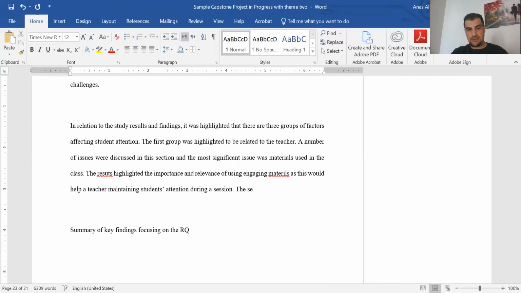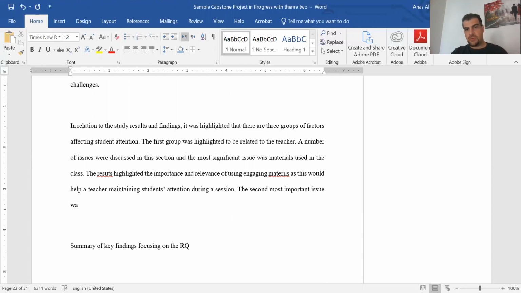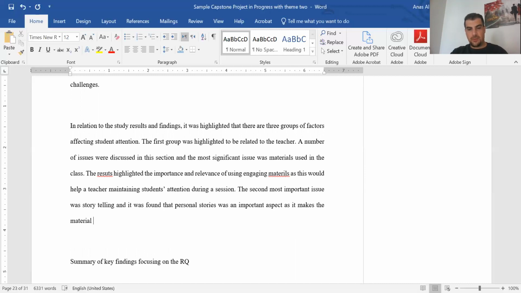The second most important issue was storytelling, and it was found that personal stories were an important aspect, as they make the material more related to the learners.